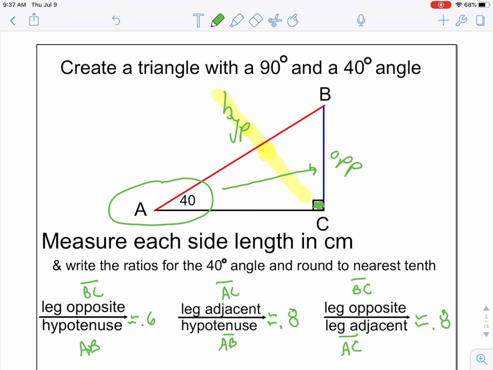If you created this triangle and divide it and get a decimal, it's approximately 0.6. It's actually not exactly 0.6.